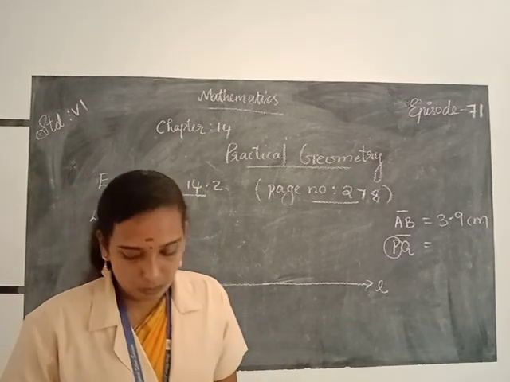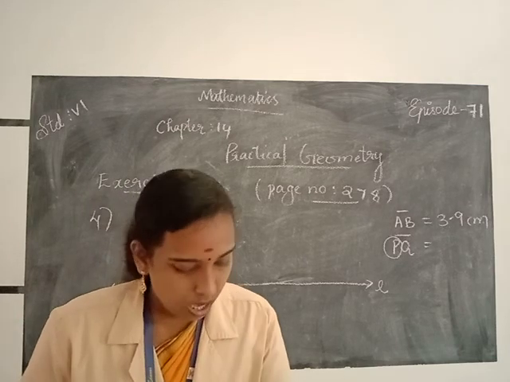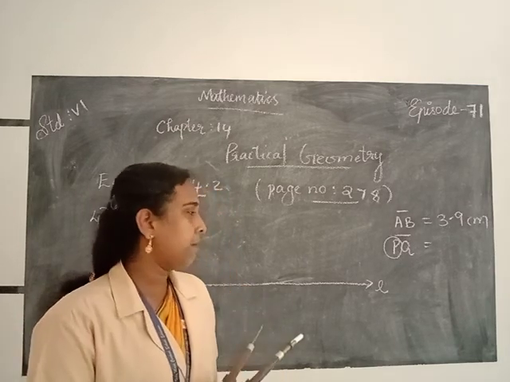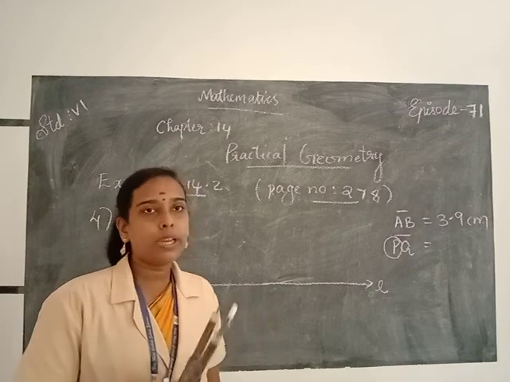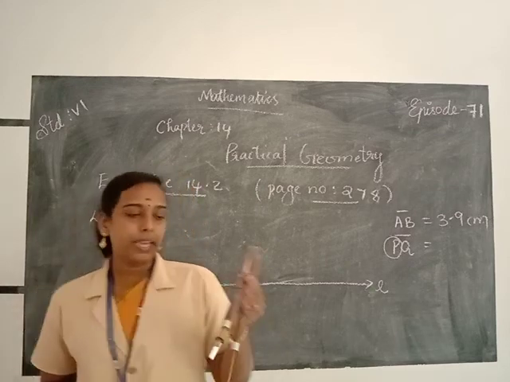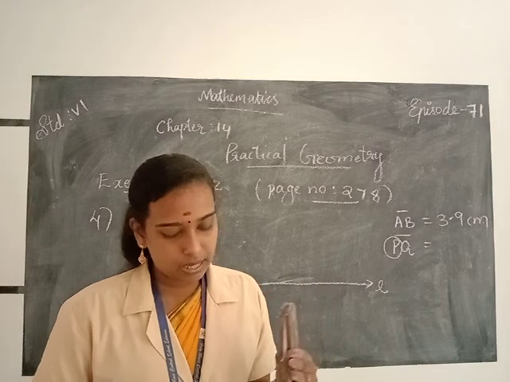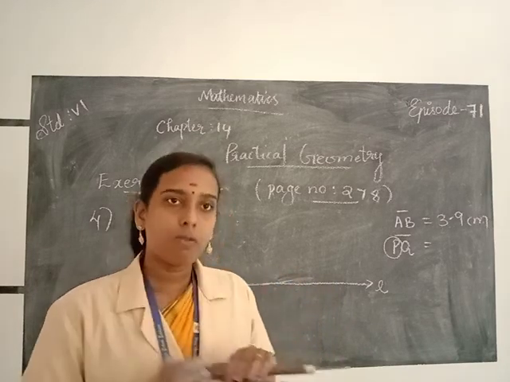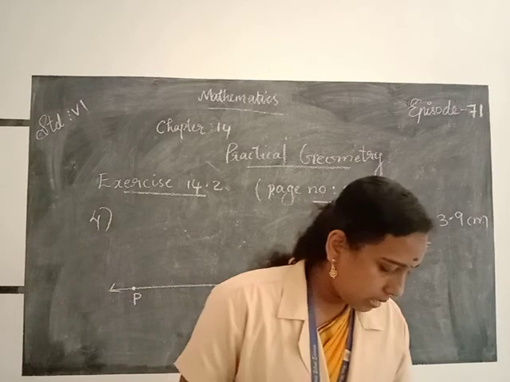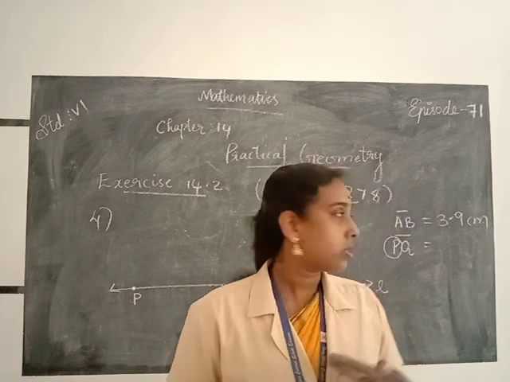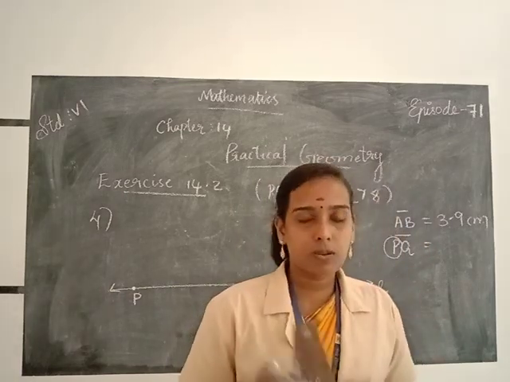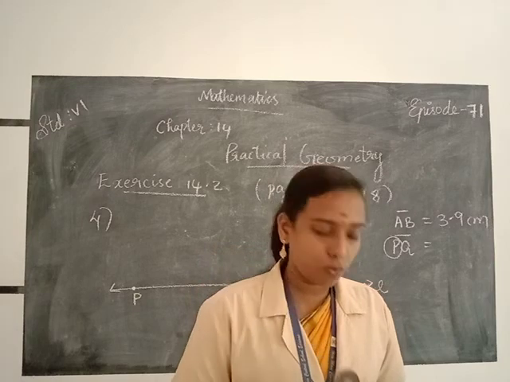Then by adjusting the compass up to the length of AB, AB is equal to 3.9 centimeters, you take 3.9 centimeter in your compass with the help of your ruler.